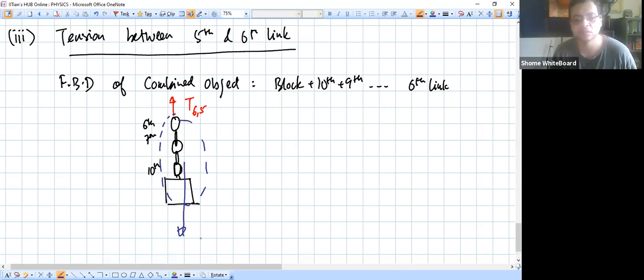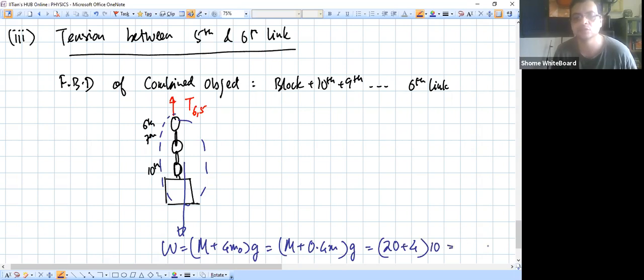It is capital M plus 4 links, so it is capital M plus 0.4 times small m g. So it is 20 plus 4 into 10, or 240 newtons.